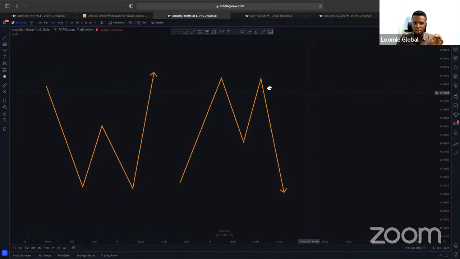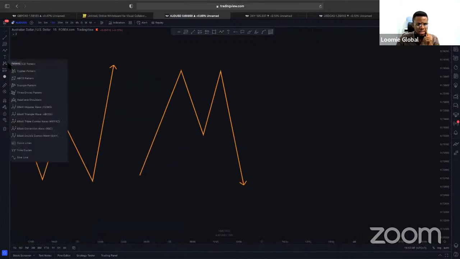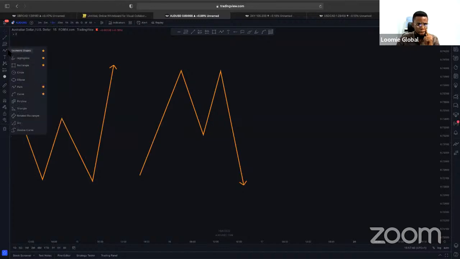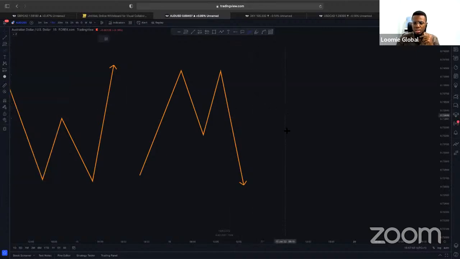In reality, when you get to your chart, what you will most likely be seeing, hang on a second. Where is that tool? The tool that I wanted to use. Can't find it. I think it's called the Ghost Candle tool, something like that. Anyways, for a W pattern, you will see the chart making higher highs and higher lows.